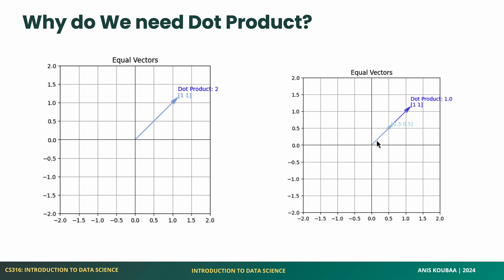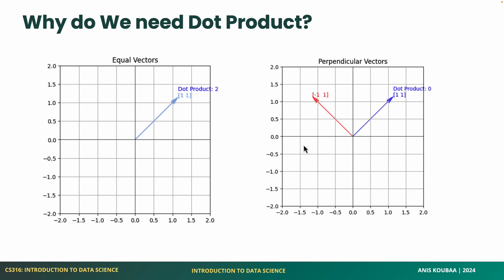And look now, these are not equal, but they have the same direction but different amplitudes or magnitudes. So the dot product is 1, which is half of this. So there is similarity, but still the magnitude of this one is smaller than the other one. The similarity is not the same, but of course it's much higher than this one.